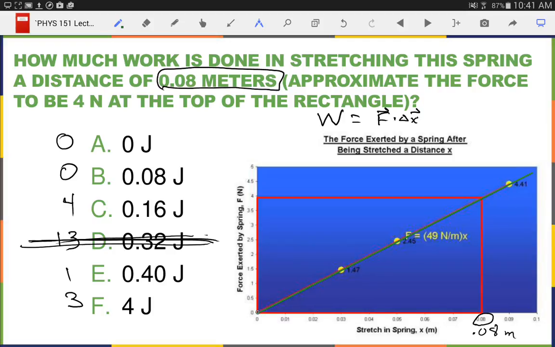So my thought is, in the real world, how often do you have a force? Let's reopen it. Michael? What's that 49? That's actually the equation that fits the line.